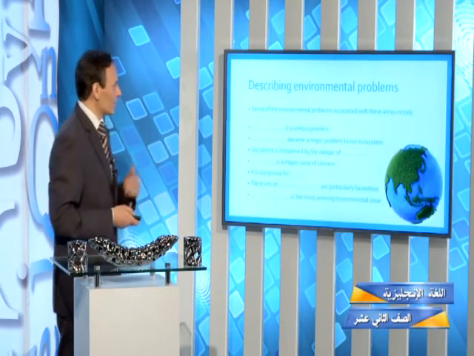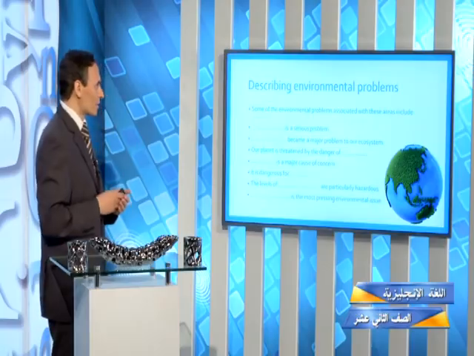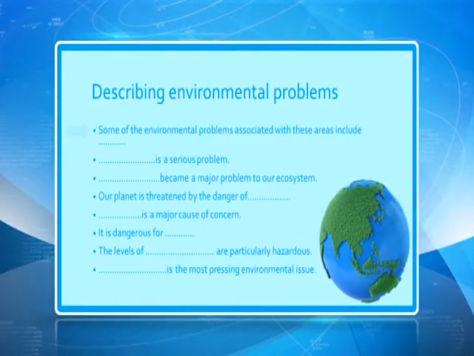Right, now let's wrap up the first part, which is describing environmental problems. The first expression you can use when you talk about problems related to our planet is: some of the environmental problems associated with these areas include, and then you talk about the problems: pollution, global warming, desertification, and so on and so forth. Okay?